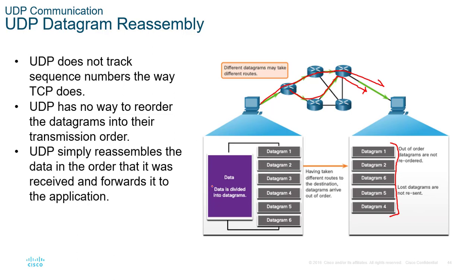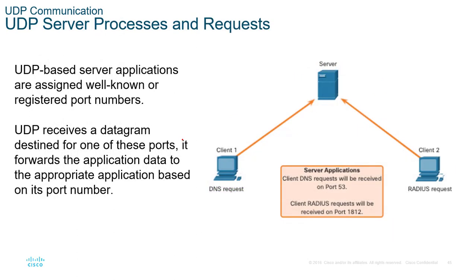It's just going to deliver those packets, and the host from UDP, that portion of the network stack, is unconcerned about out of order datagrams or segments, and they're not reordered, and the loss of datagrams are not resent. So that specific functionality that we described in more detail in regards to TCP is not there with UDP.